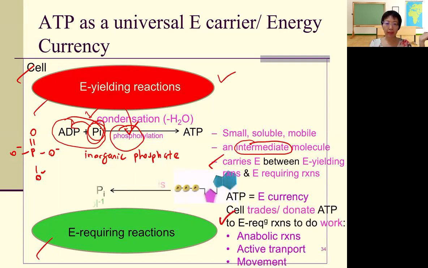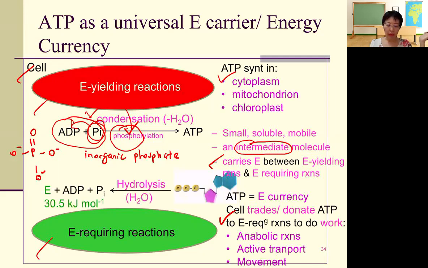It will be hydrolyzed. So ATP is hydrolyzed to ADP and Pi, and 30.5 kilojoules of energy is released per mole of ATP hydrolyzed. This energy will be used by the cell to do certain work inside the cell. The work that the cell needs ATP for is anabolic reactions, active transport, and movement. So these three main works will need ATP inside the cell.